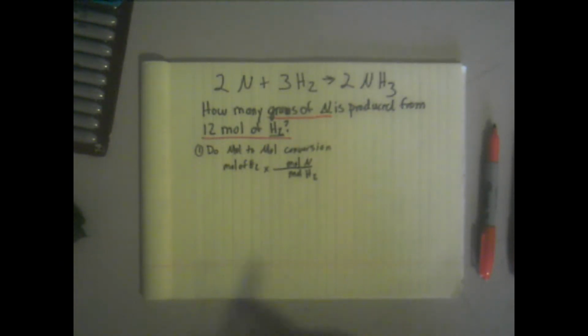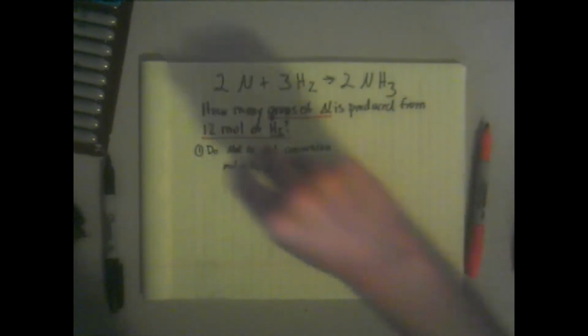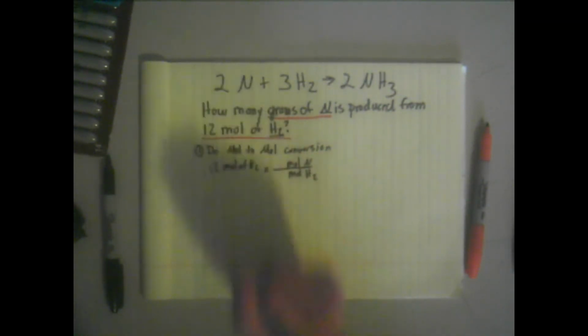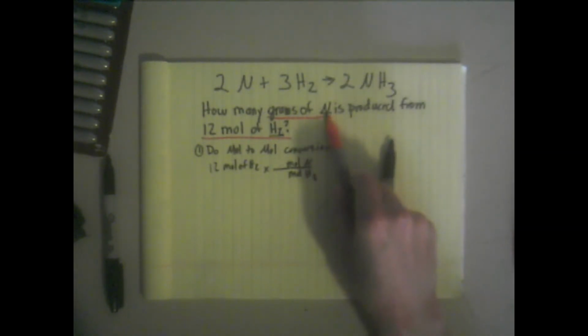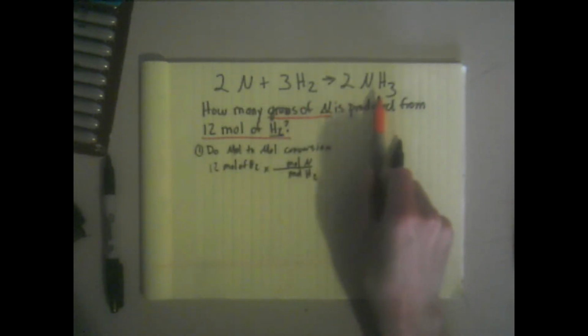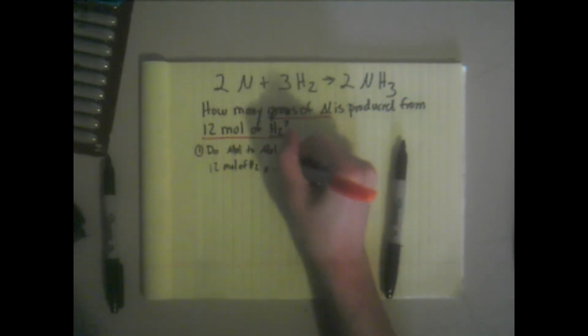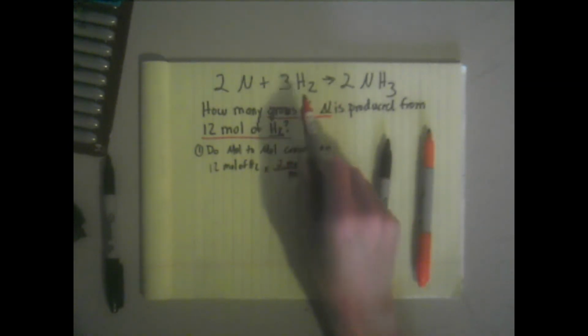So now let's fill in our numbers. How many moles of hydrogen are we starting off with? Well, we are starting off with 12. So we can put a 12 right in front of here. Now how many moles of nitrogen do we have? Well, we look at our balanced chemical equation. How many moles of nitrogen? Well, we have 2. How many moles of hydrogen do we have?